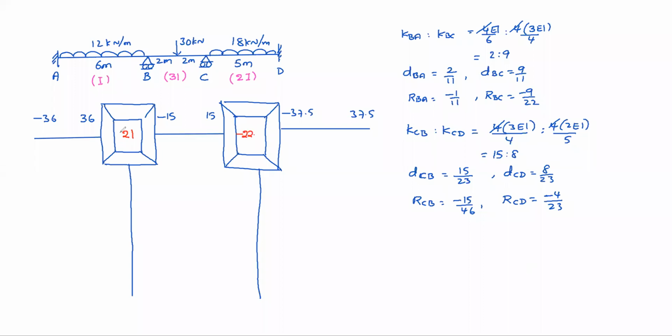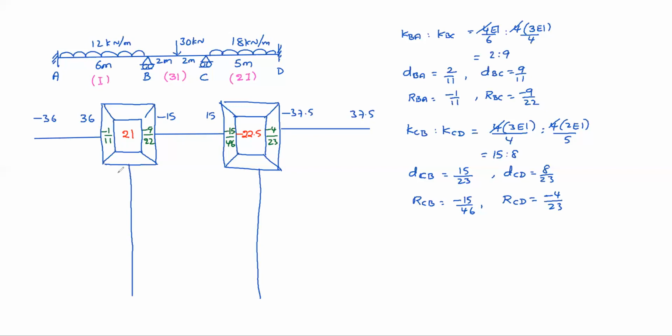Mark these rotation factors: minus 1 by 11, this side minus 9 by 22, here minus 15 by 46, minus 4 by 23. Now we can perform calculations.